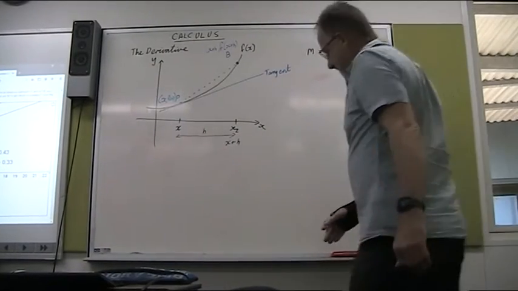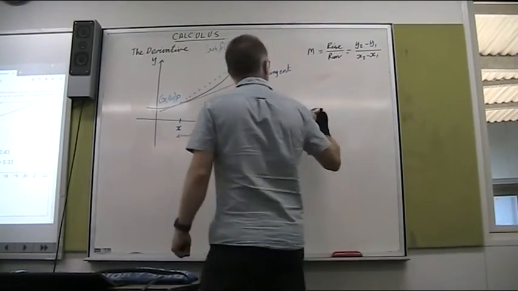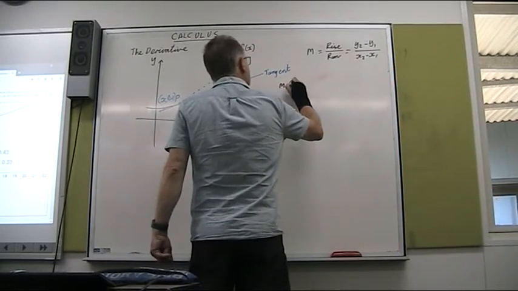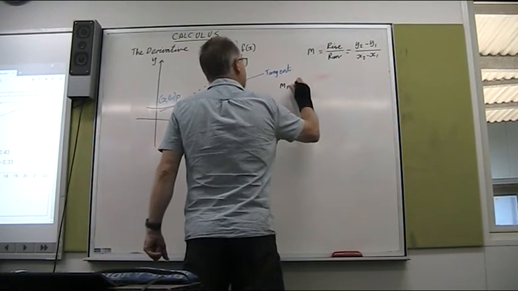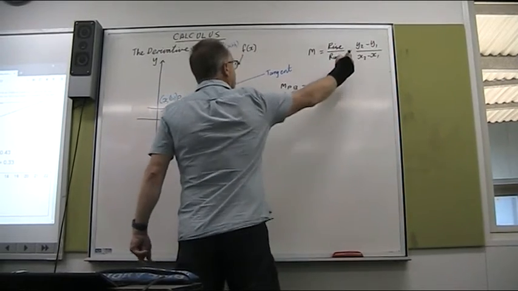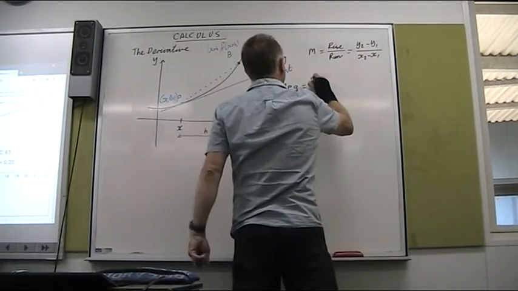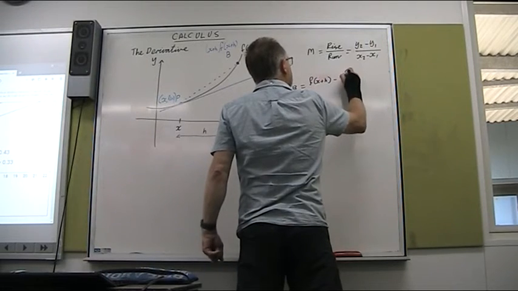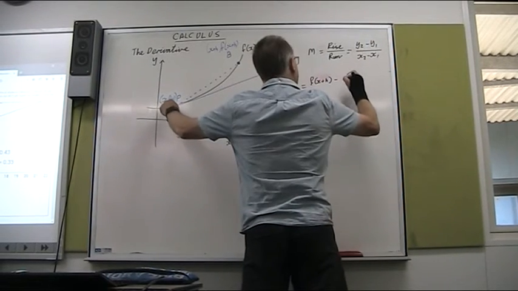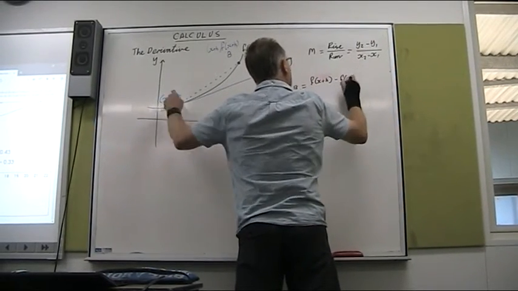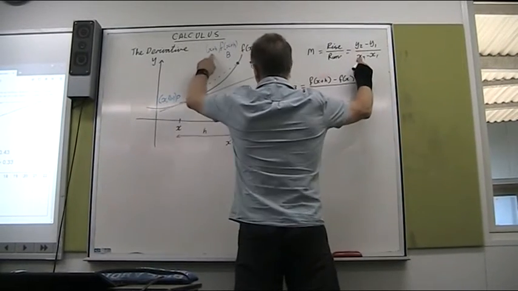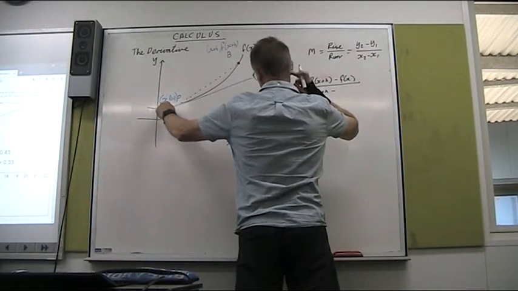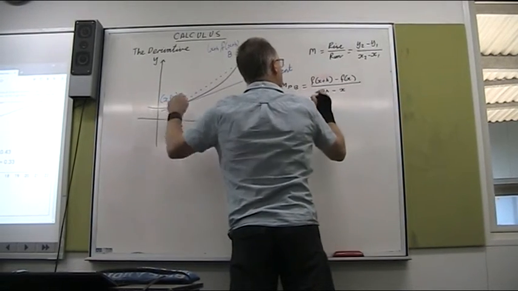So from what we've got here, the gradient of our line P to B is the second y value, that's f of x plus h, minus the first y value, which is f of x, over the second x value, which is x plus h, minus the first x value, which is just x.